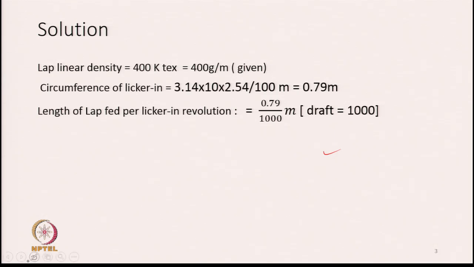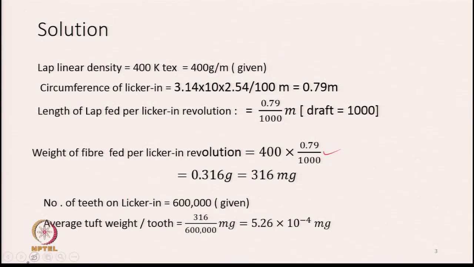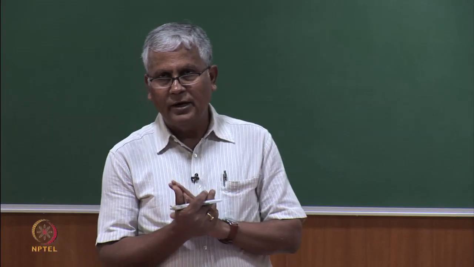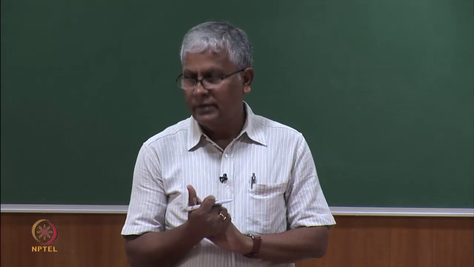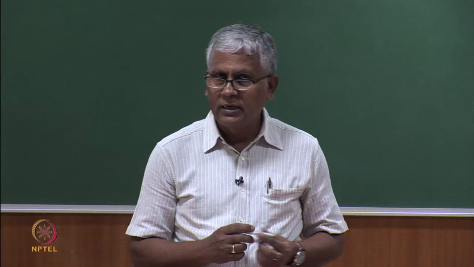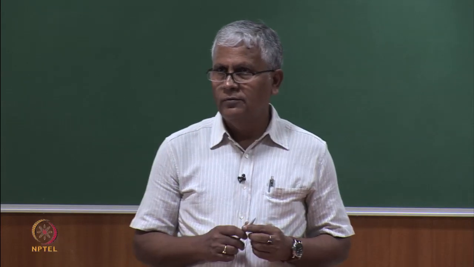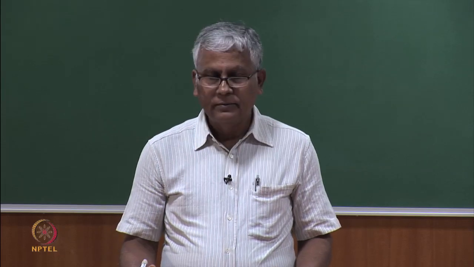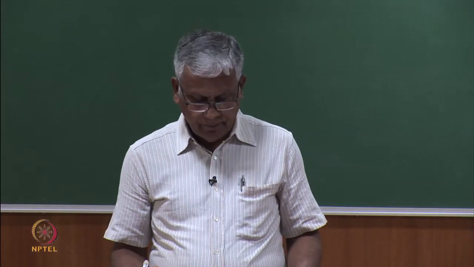Now, let us go to the second part. Once we know that so much milligram of fibers are there per tooth on an average, if I want to find out how many fibers are there per tooth, what we need to know now is the weight of a single fiber.